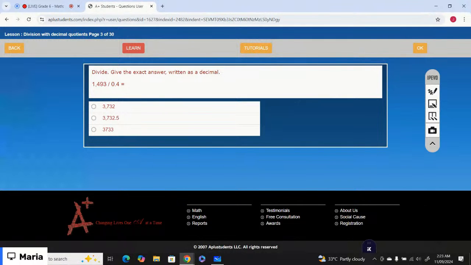So which is the correct option? Which option is the correct one?